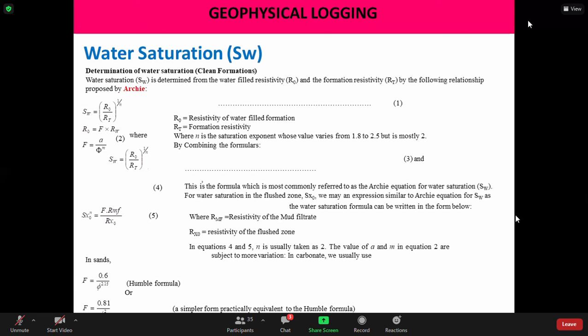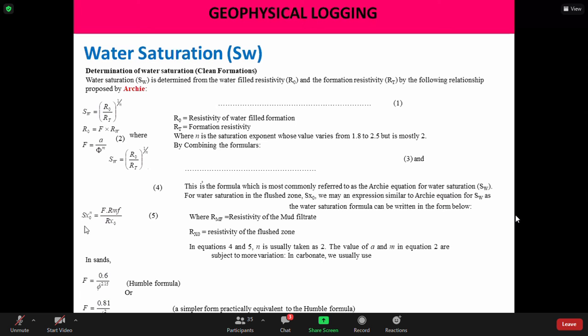Okay, thank you. So now let's talk about water saturation. According to Archie, we can estimate our water saturation Sw to be equal to the root of Rw over Rt, where Rw is the resistivity of the formation water, or resistivity of the formation when filled with water, and Rt is the true resistivity of the formation.